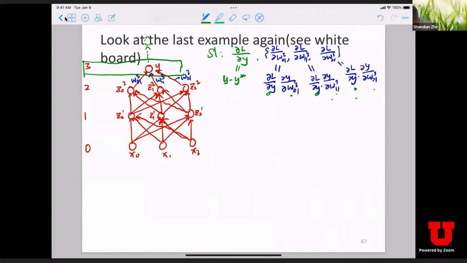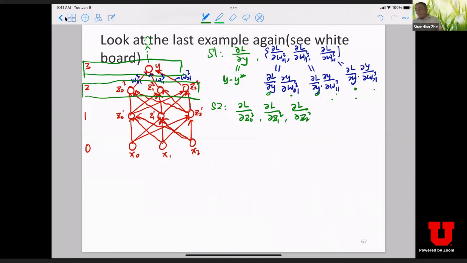And then we move to the second layer. Move one layer back, which is layer 2, right? So our goal in the second layer is to compute the partial derivative of loss with respect to all the neurons in that layer. Okay? So that amounts to partial L over partial Z02, partial L over partial Z12, partial L over partial Z22, right?